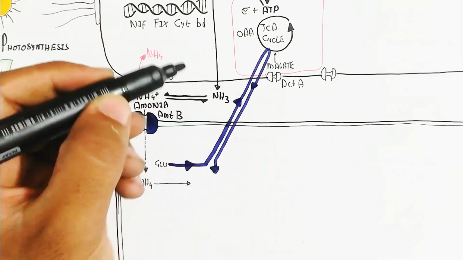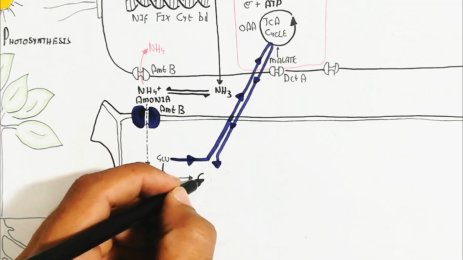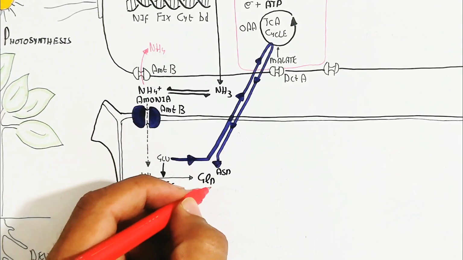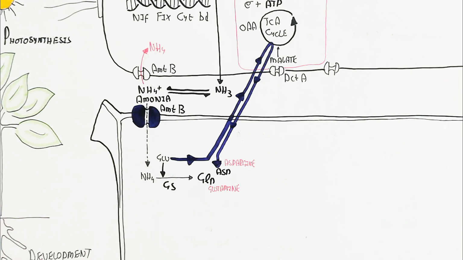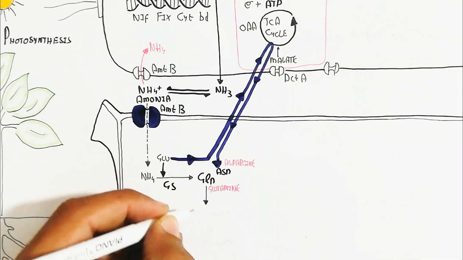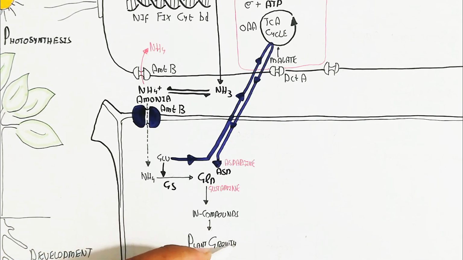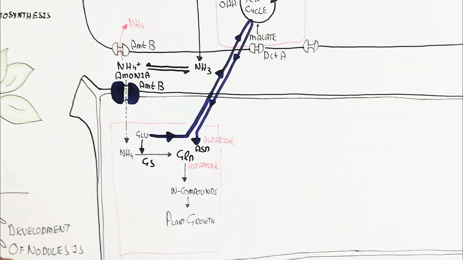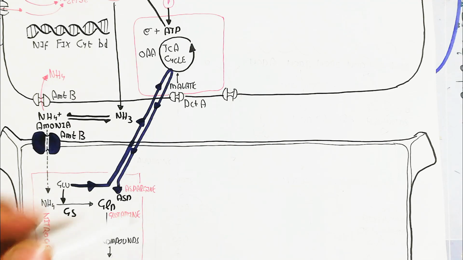Glutamate is also used for the Krebs cycle to produce asparagine, and the glutamine synthetase enzyme is used to make glutamine. In this way the normal compounds form and the plant will grow. Remember, this is the synthesis of protein due to nitrogen fixation.